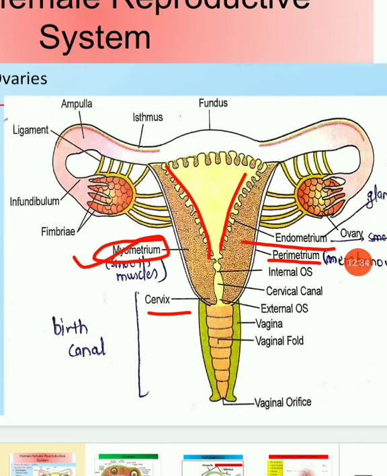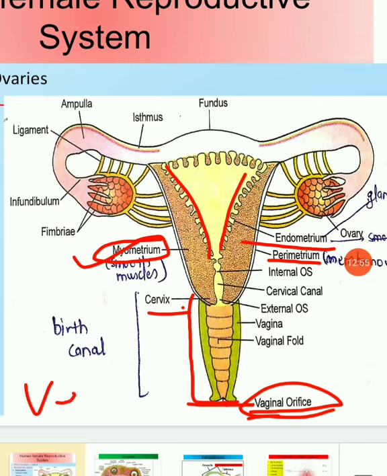So the next structure that arises is the vagina. Through the cervix, it is connected with the vagina. The outermost opening is known as the vaginal orifice. It is also a muscular tube-like structure that opens to the outside with the structure called the vestibule.